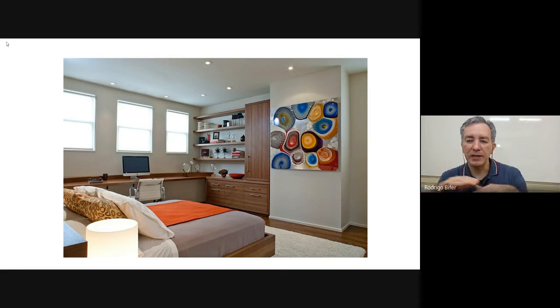Bedspread is what you put to cover the bed. You can see some pillows on the bed. You can see the lamp. What else? There are some objects that look like mirrors. I don't know if they are mirrors or not. Anyway, I can see 3 windows on the wall.